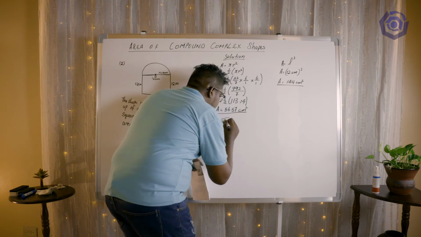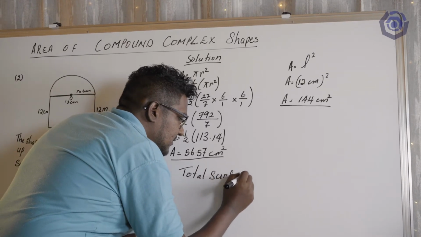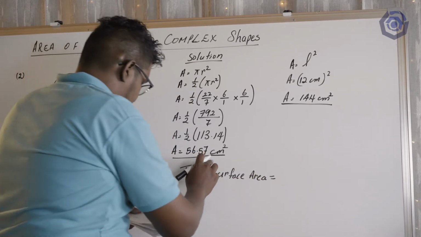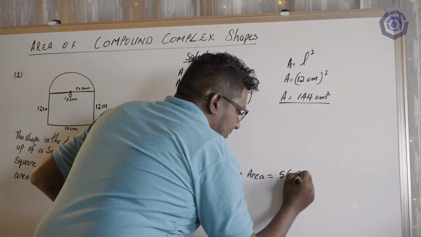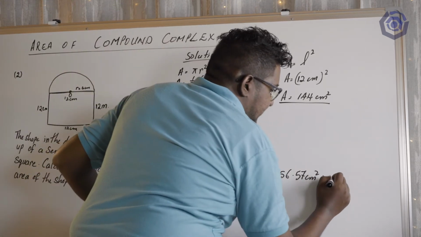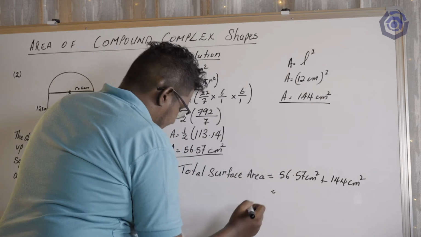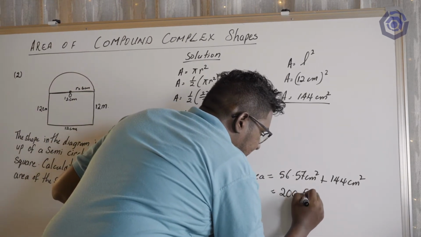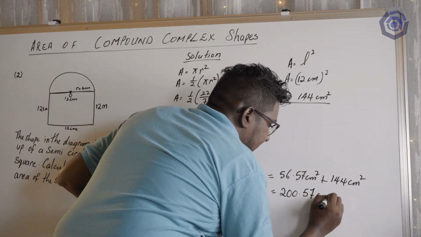So total surface area is equal to 56.57 cm squared plus 144 cm squared. And adding them, I would get 200.57 cm squared.